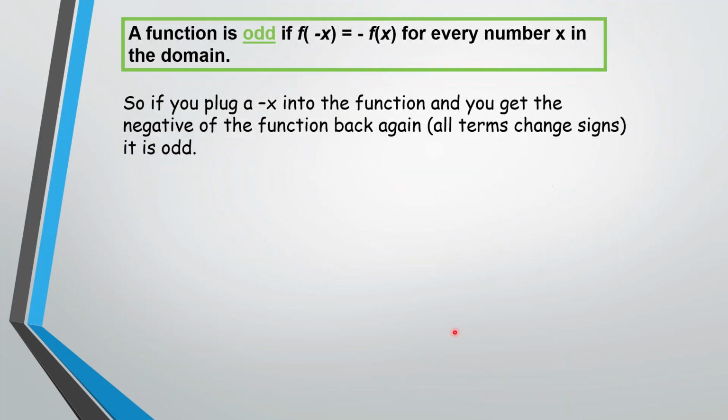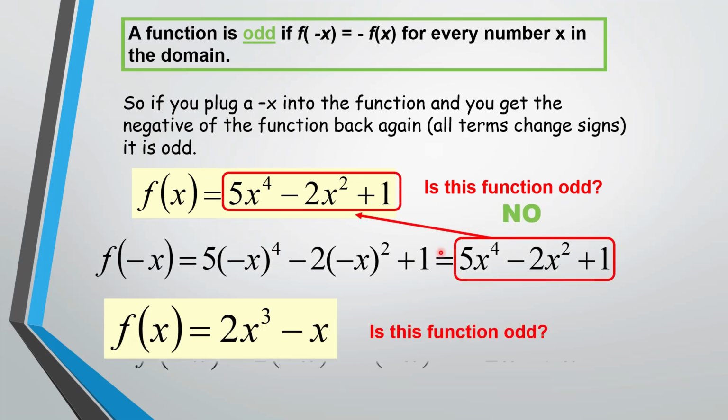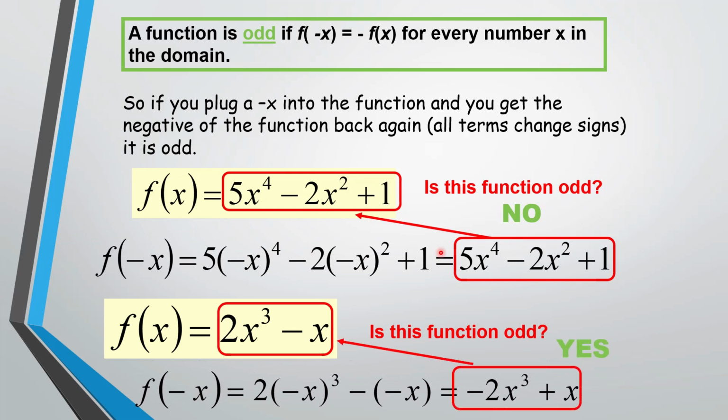If we discuss odd functions, if f of minus x is equal to minus f of x for every number x in the domain, then that is an odd function. In this example, this is not an odd function, it is an even function, which we previously discussed.